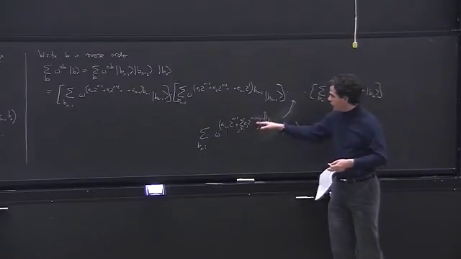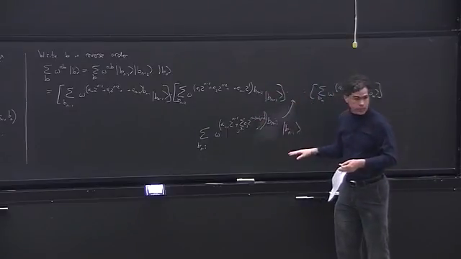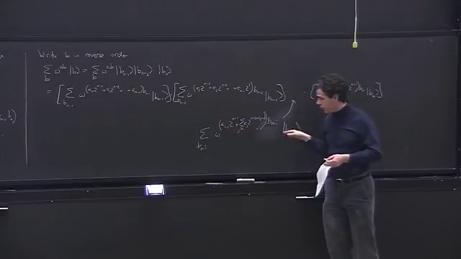So this is just putting this in a slightly more closed form. And the whole thing, of course, is a tensor product over I of these.